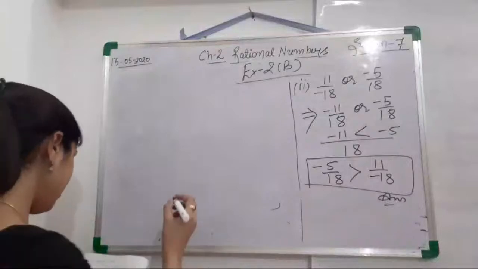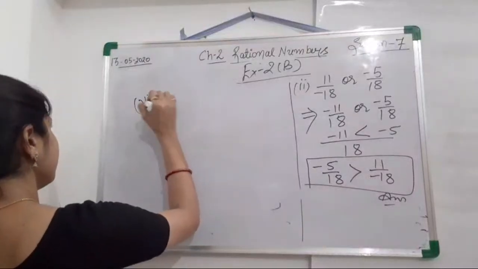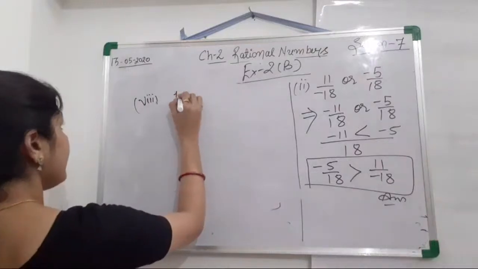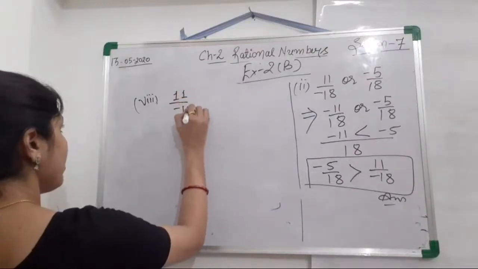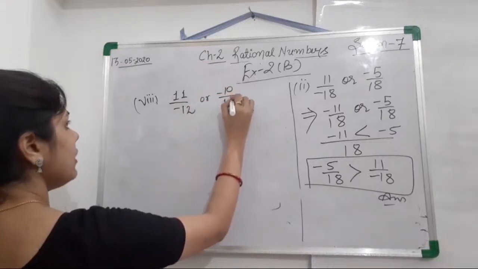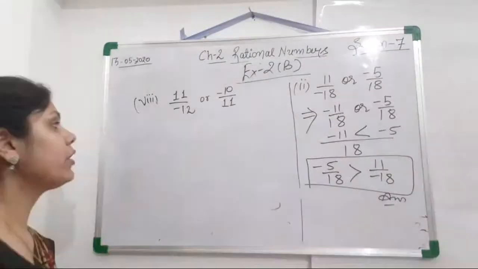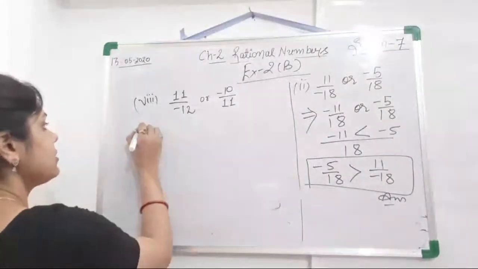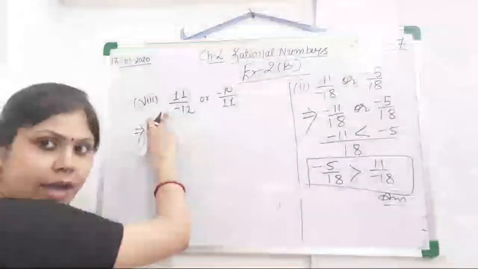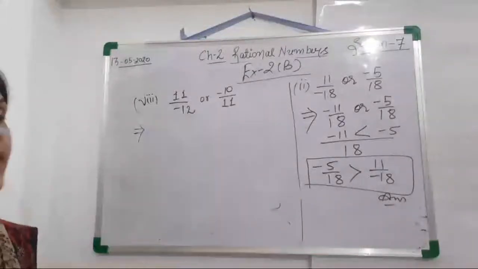Okay, I am doing question number 8. 11 upon minus 12 or minus 10 upon 11. In this you have to tell which one is greater. Again I am writing directly, because here again you can see that the denominator is negative.